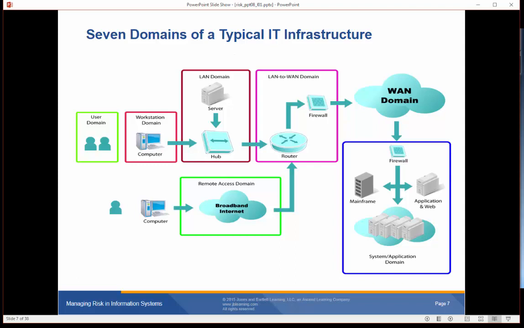Usually, it becomes a challenge for people that work on these servers in the system application domain, because the knowledge is specialized. You have to have training for that and certain certifications.